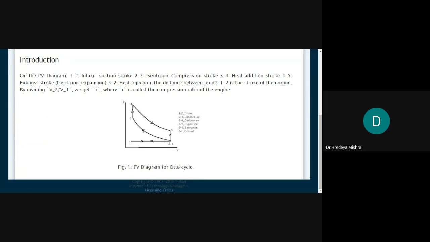Here we talk about the SI engine, the spark ignition engine.